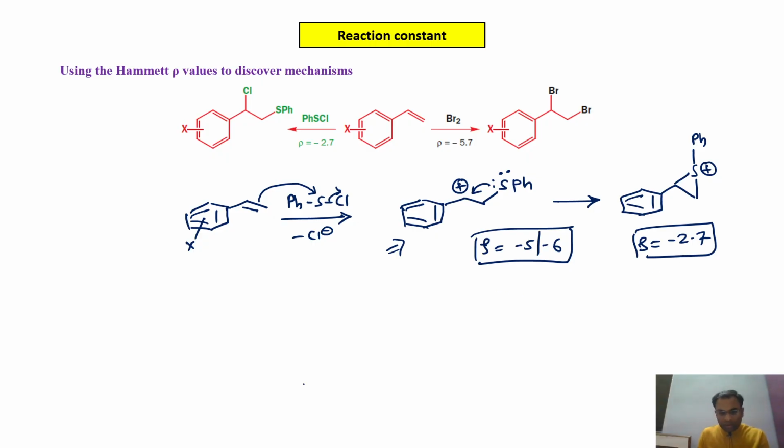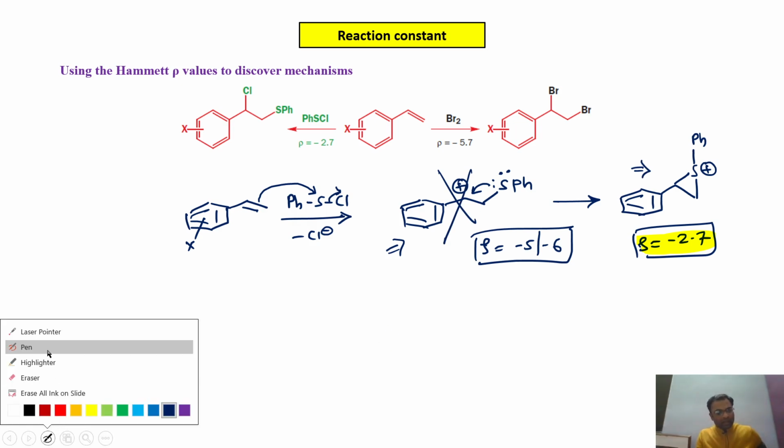But as we have a rho value of -2.7, it clearly indicates that this reaction takes place via formation of a sulfonium ion rather than a carbocation intermediate.